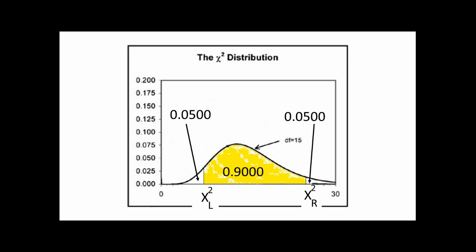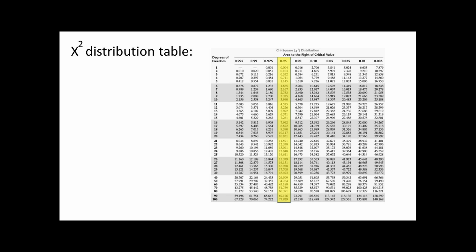Because the chi-squared table gives areas to the right, and the area in this left tail is 0.05, then on the table we will look to the column that shows area to the right of 1 minus 0.05, or 0.95. For 15 degrees of freedom, we get a chi-L square value of 7.261.